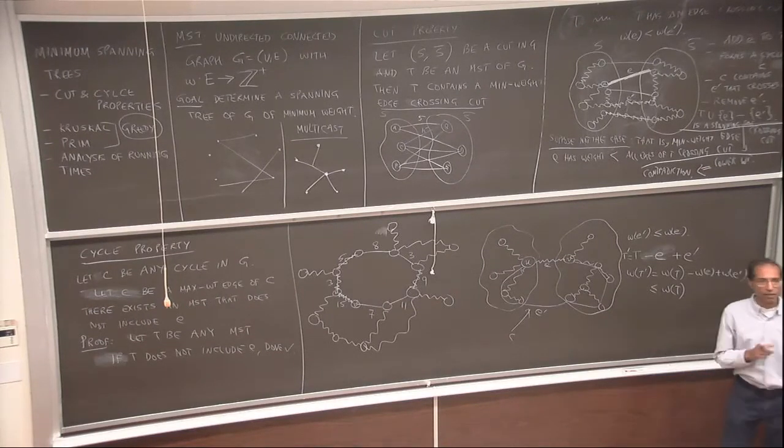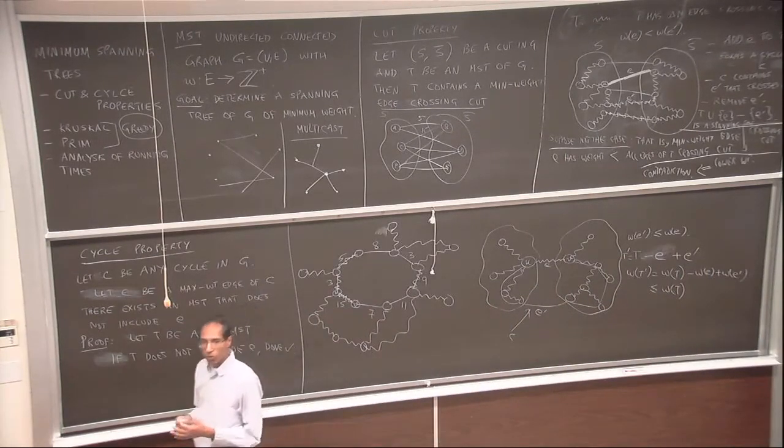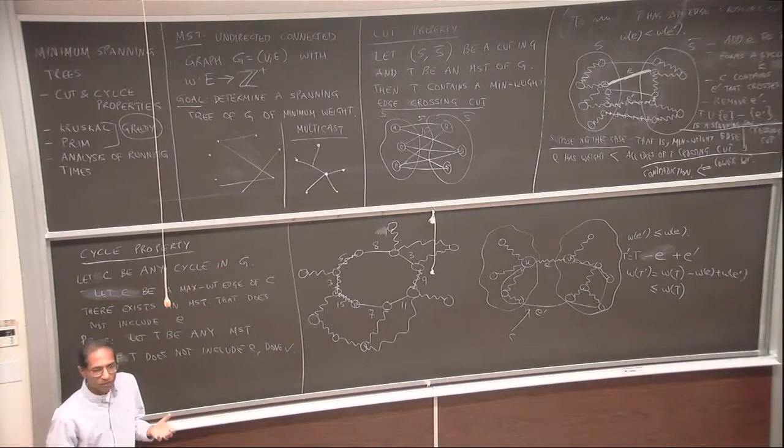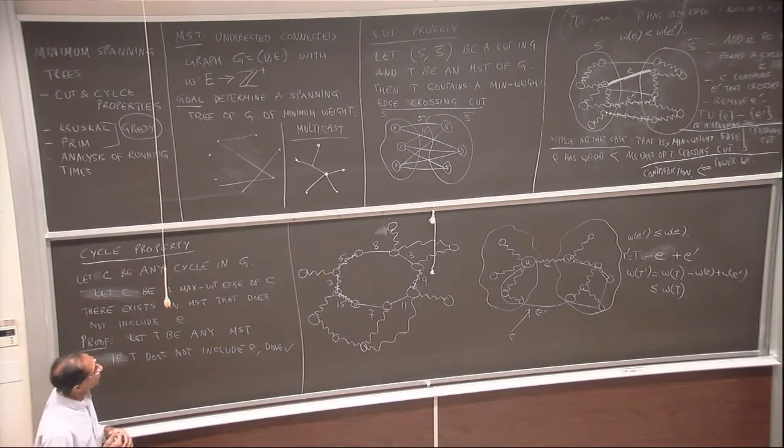Okay? Any other questions? Okay, so these are the two properties, and both of these properties lend themselves to very nice greedy algorithms. In fact, there is sort of a slew of greedy algorithms we can develop based on this.